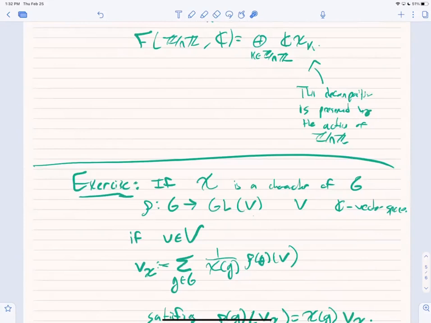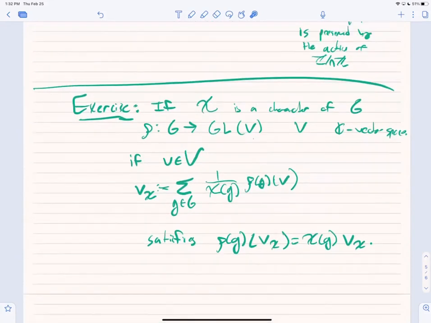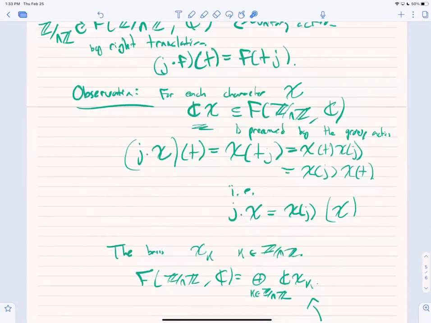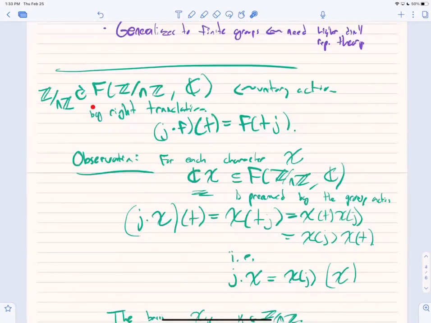This generalizes to any representation of any group. Doing Fourier theory on Z mod NZ or on the circle is, in the end, the idea of taking a representation and decomposing it into its irreducible chunks. Fourier theory is what you get when you do this for a particularly interesting representation, like the space of L2 functions or some function space, but you can do this for any representation, and it's useful to do it for other representations too.